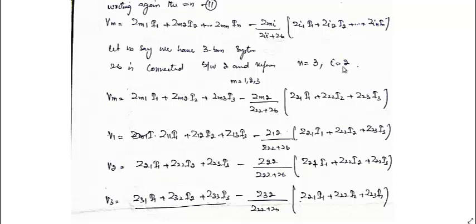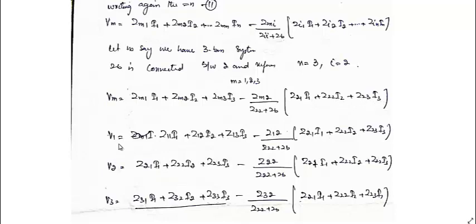In the previous cases, that's why I am replacing this i with m when I try to find out the other voltages. So this Vm will now be equal to Zm1 I1 plus Zm2 I2 plus Zm3 I3, minus, with i equal to 2, Zm2 divided by Z22 plus Zb, into Z21 I1 plus Z22 I2 plus Z23 I3.